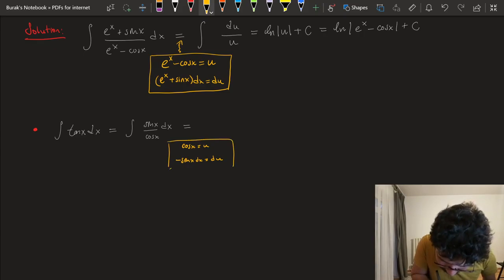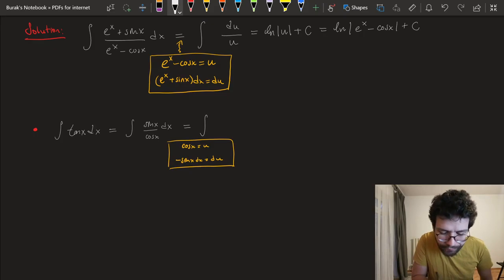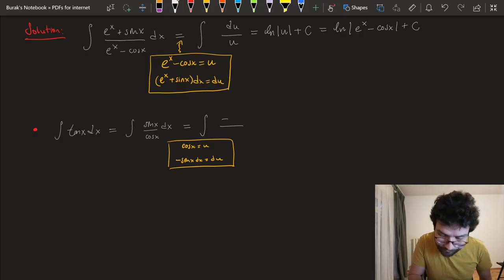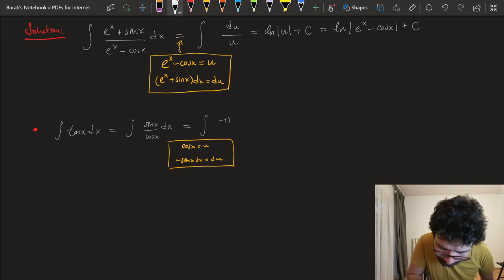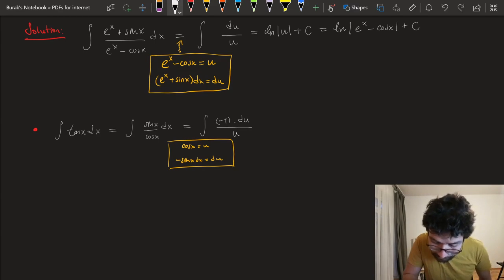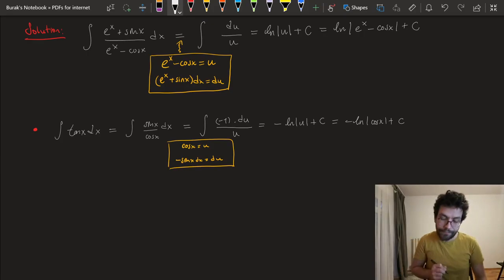And then this indefinite integral will turn into: minus sine of x dx is du, so sine of x dx is minus du, so I have minus 1 times du, divided by cosine x, which is u. And this is minus ln of absolute value of u plus c, which is minus ln of absolute value of cosine of x plus c.